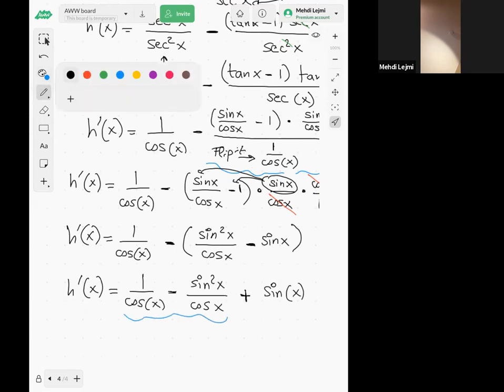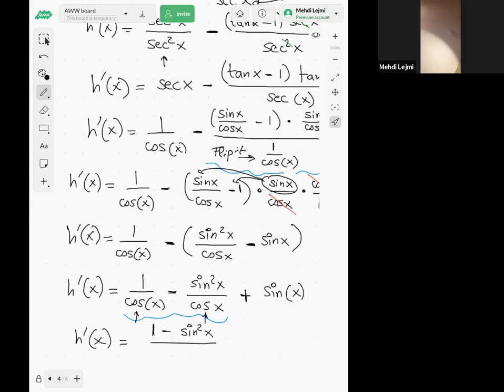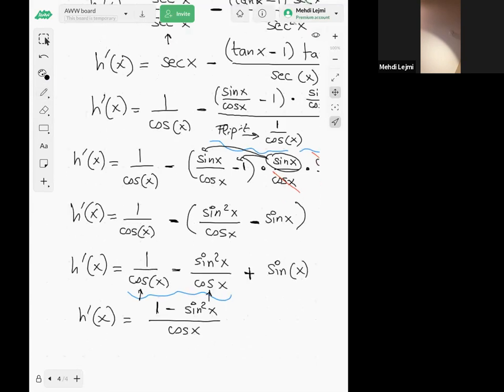We have a common denominator here, so it's 1 minus sine square over cosine, and then we have this plus sine of x.